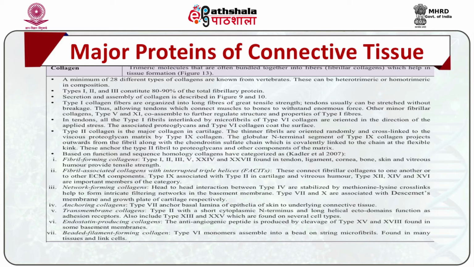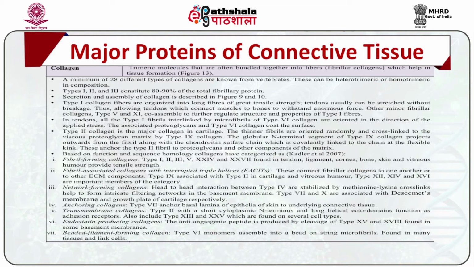Second, the fibril associated collagens with interrupted triple helices, called FACITs. These connect fibrillar collagens to one another or to the ECM components. They include type 9, associated with type 2 in cartilage and vitreous humor. Other examples include type 12, 14 and 16, which are also important members of this category.